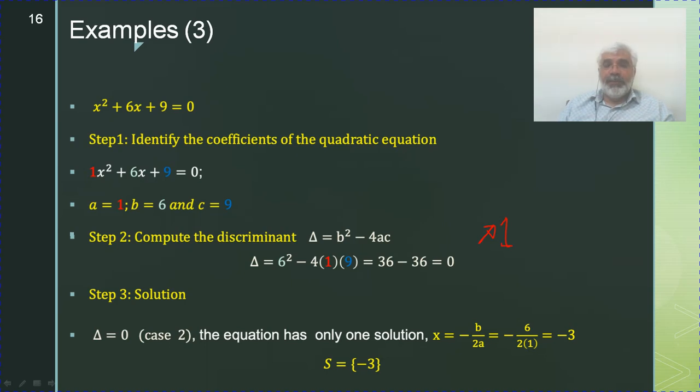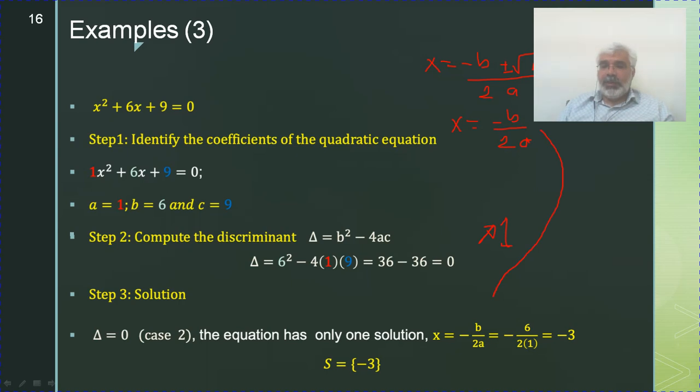One solution. How can I get one solution? Don't forget that x equals minus b plus or minus square root of delta divided by 2a. Now we said delta equals 0, so the square root of 0 is 0, so it doesn't make sense to say plus 0 or minus 0, so x will be just minus b over 2a.